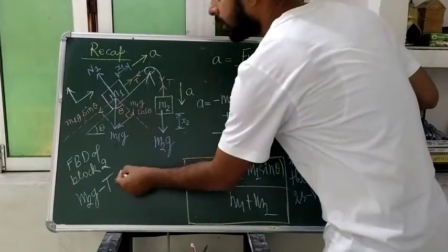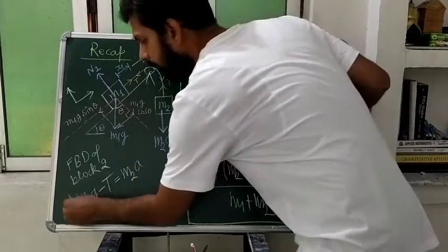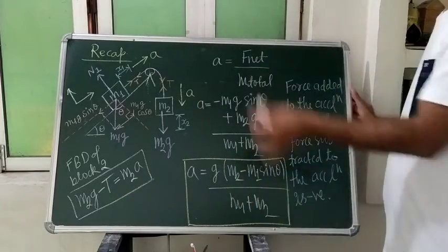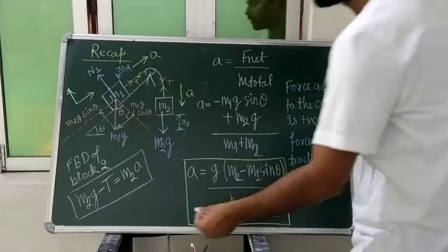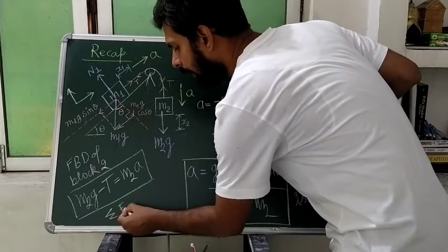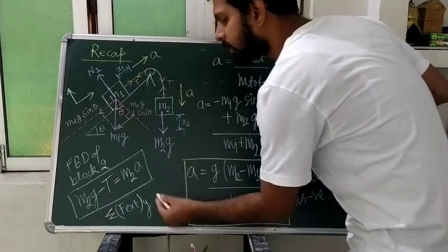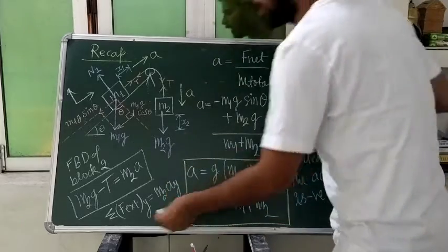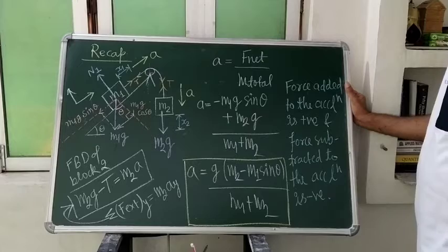So mass times the acceleration in y direction, that will be a, isn't it? No, in x direction no force is present. You can write that vector sum of F external in y direction should be equal to mass times the acceleration in y direction. That will give us this, isn't it?